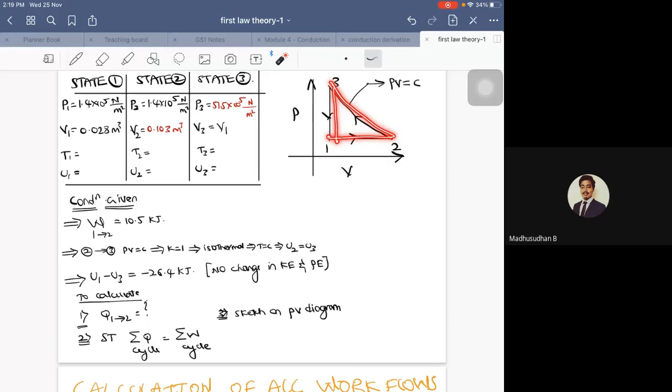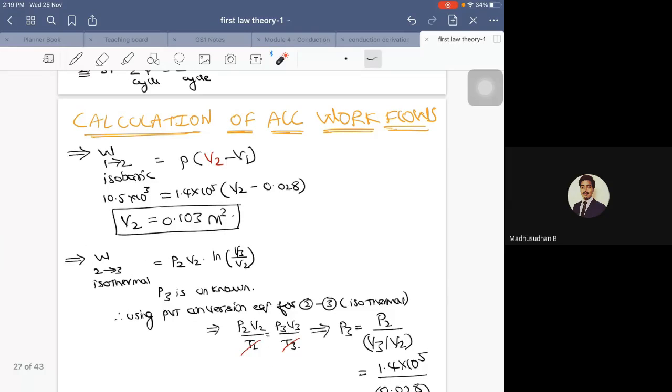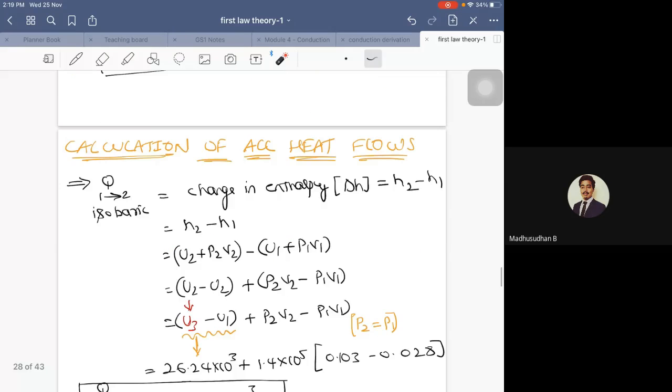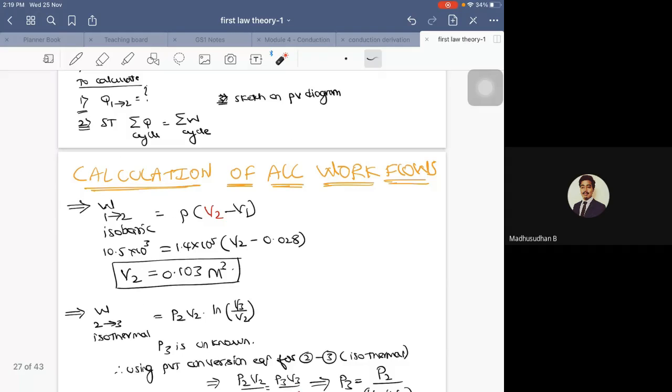Ensure that the summation of the values of Q is equal to the summation of values of W. So that is your ultimate goal. For that, you need to first calculate all the work flows. Later, you will be calculating all the heat flows, and we will be comparing those two. Let us calculate one by one now.